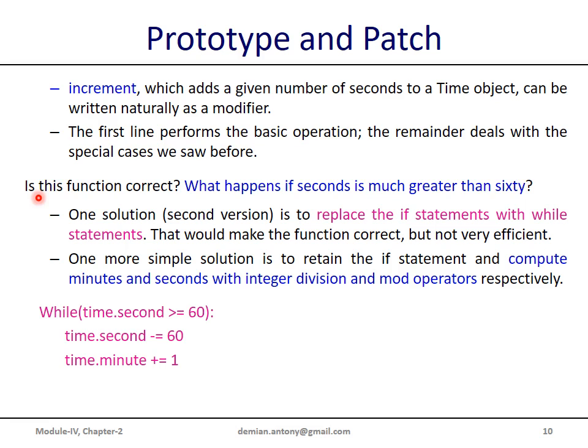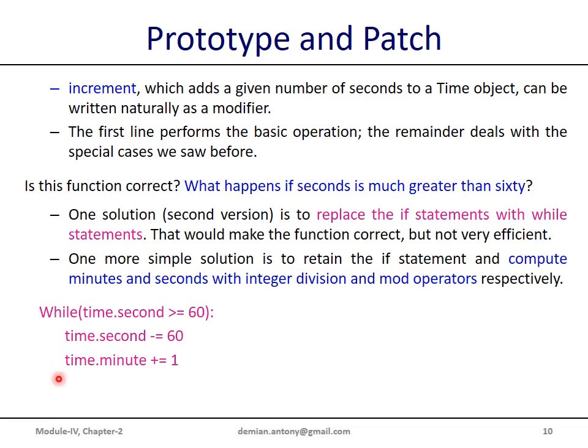But the thing is, it is not very efficient because we are going to execute a loop several times. That depends on the value of the seconds parameter. If it is some 500 or 1000, then the loop is executed a large number of times.